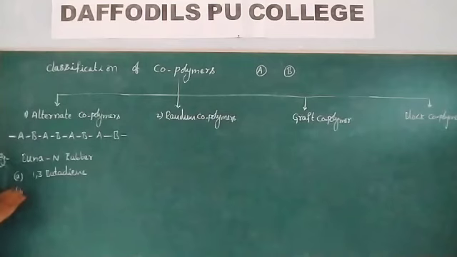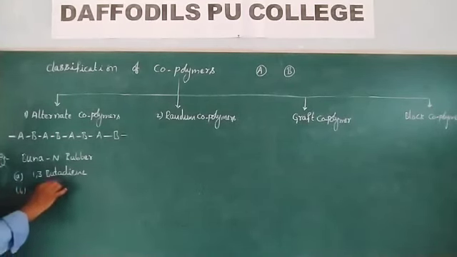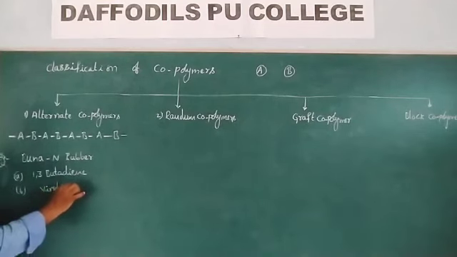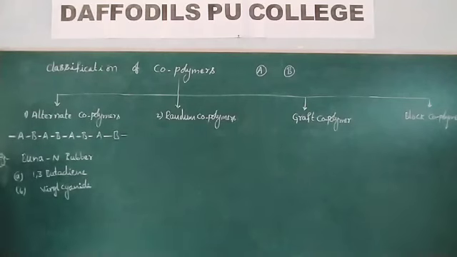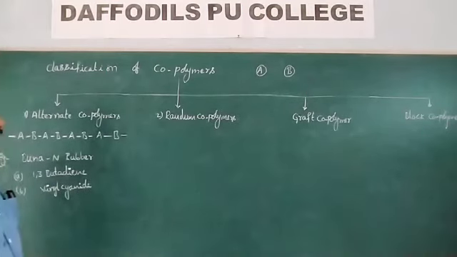The second monomeric unit is acrylonitrile, which means vinyl cyanide.